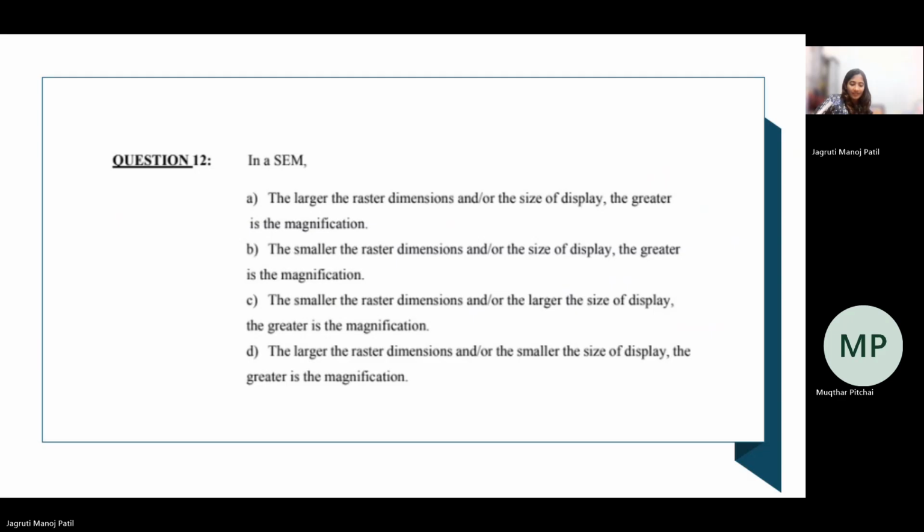Okay, SEM. We just discussed this. Larger the raster, the greater the magnification or the size of display. Larger the raster dimension or the size of the display, the greater the image.